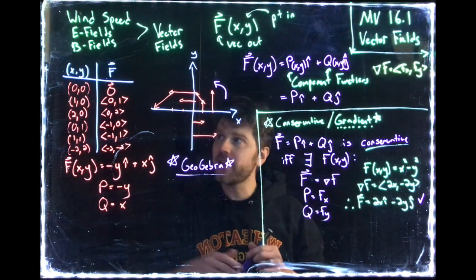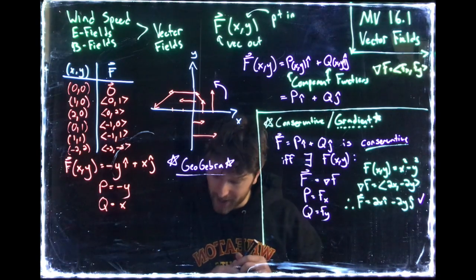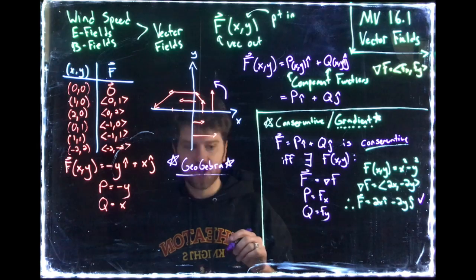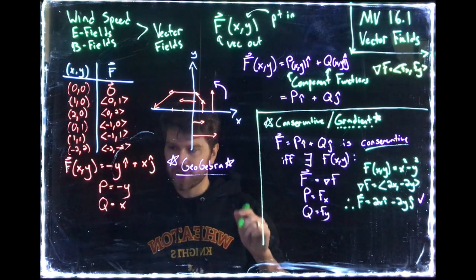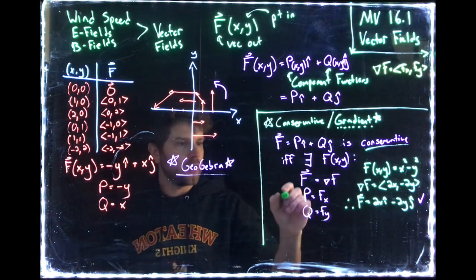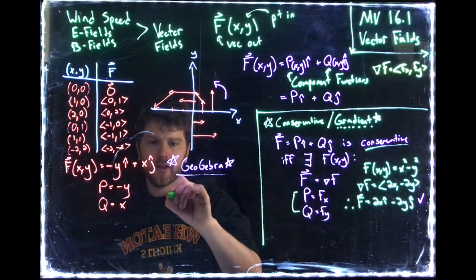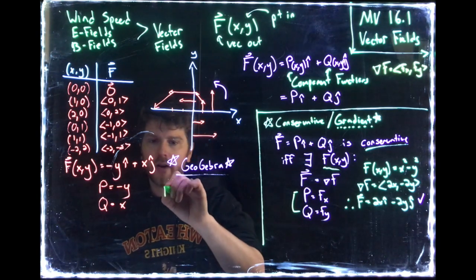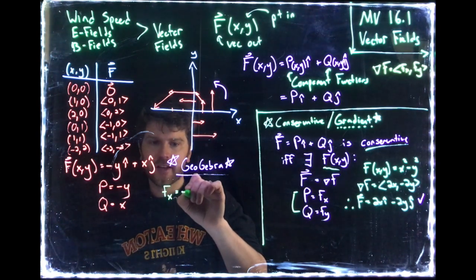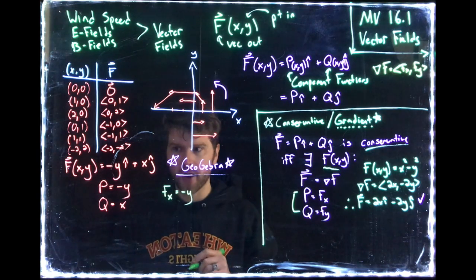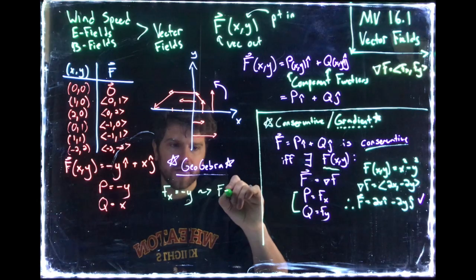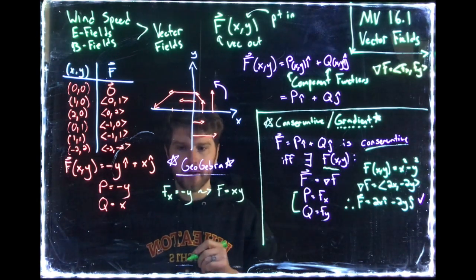However, what if we consider this example we had here of negative y i plus x j? Well, if we try to test that and see if it's conservative, that would require that if there exists this scalar function, fx be equal to negative y, which would suggest, by the way, that our original function looked like negative xy.